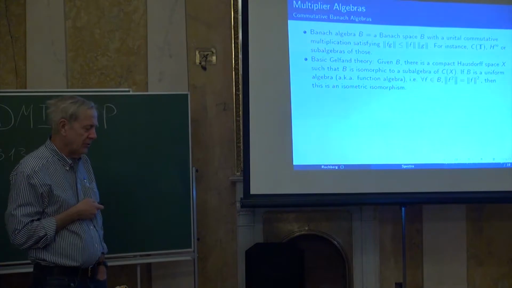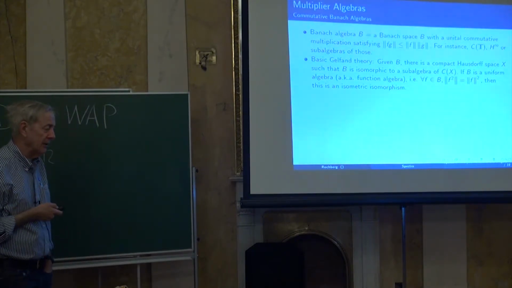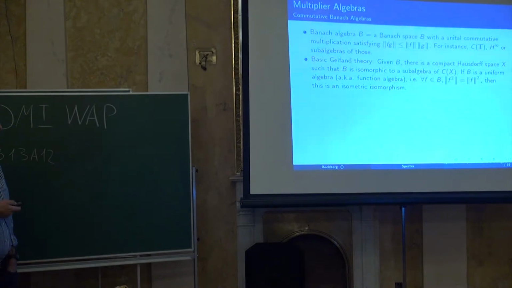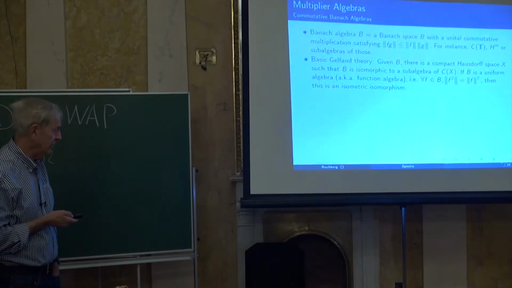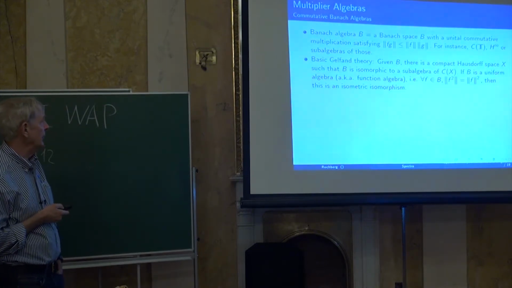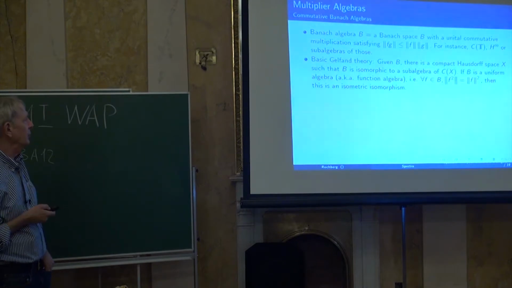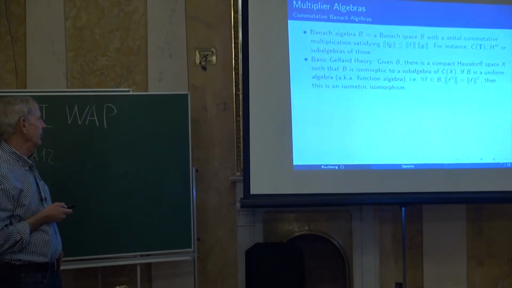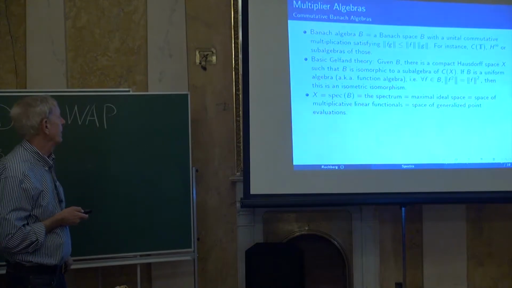This property is always true for spaces of continuous functions on a compact Hausdorff space with a sup norm. It's an abstract characterization of the idea of having a sup norm. And when this statement is true, then not only is B isomorphic to a subalgebra, but it's isometrically isomorphic to a subalgebra of C of X. Unfortunately, the algebras we're looking at today do not have this property, so we lose some of the theory.